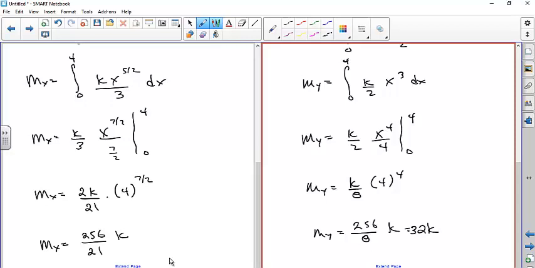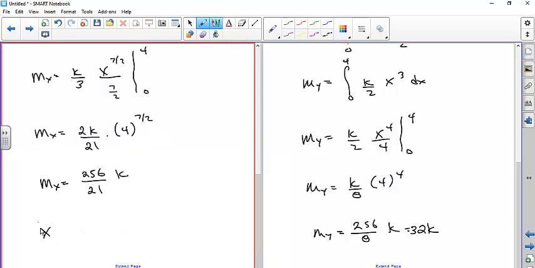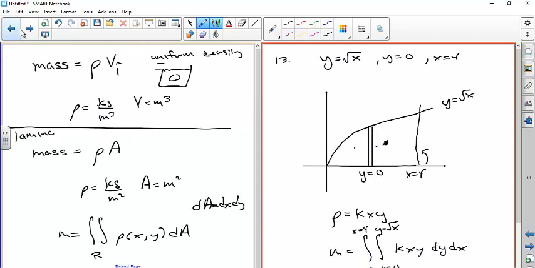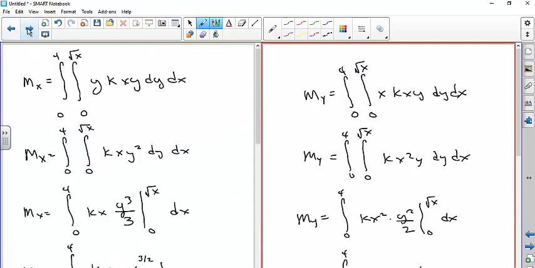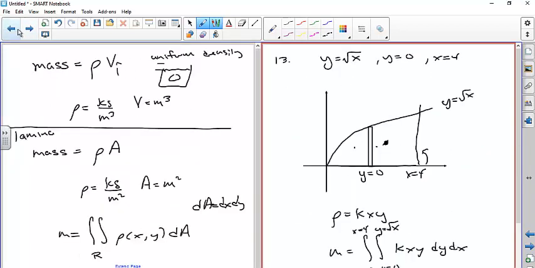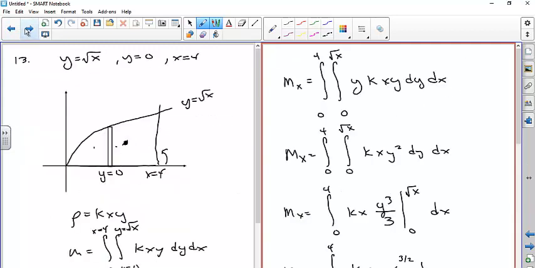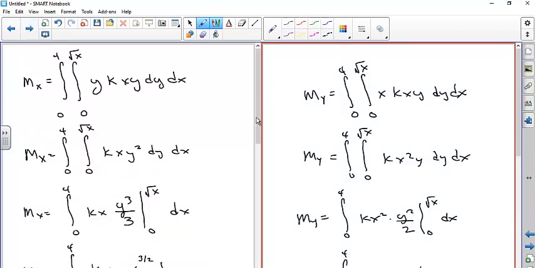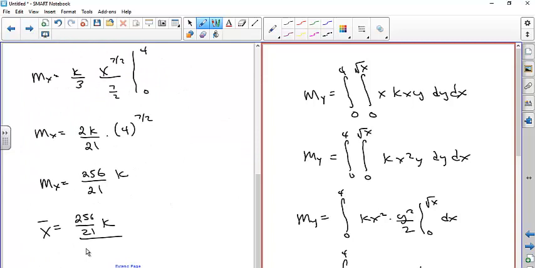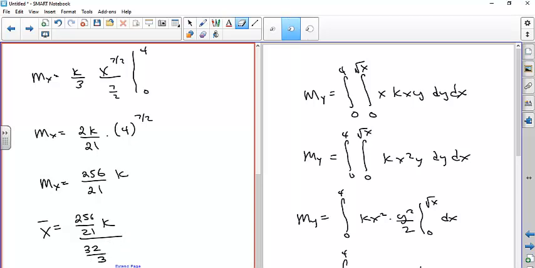So to find the x coordinate, you just take 256 over 21k divided by the mass, which we calculated somewhere here earlier. Oh, it's 32 pi over 3, right? There's no pi. 32 thirds k.